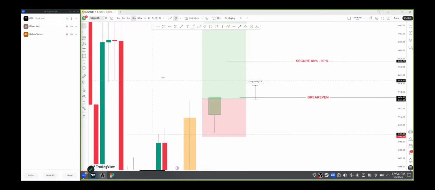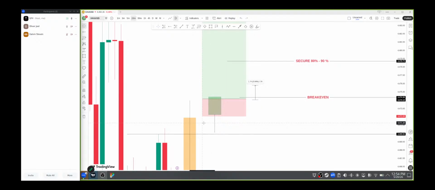So the difference is liquidity grab, right? Candles that are making liquidity grabs tend to move very fast. They shoot up and then immediately they will melt back to the downside. That is why I like to get out immediately. And the moment you secure 80 to 90% on a very fast candle, your stop loss goes to 50% immediately as well.